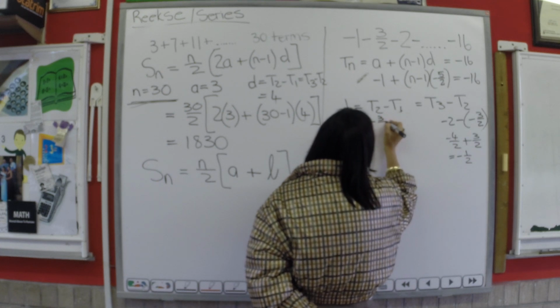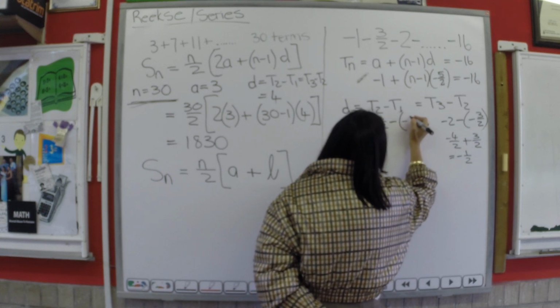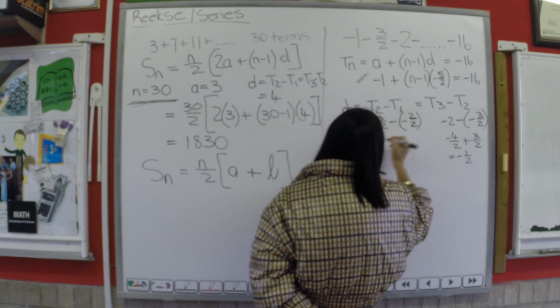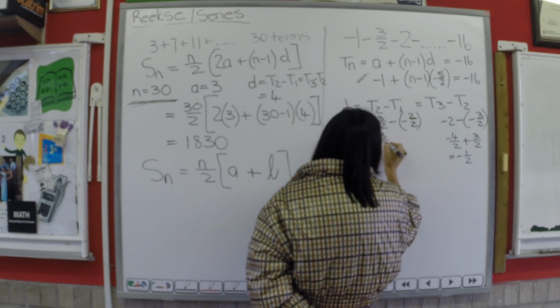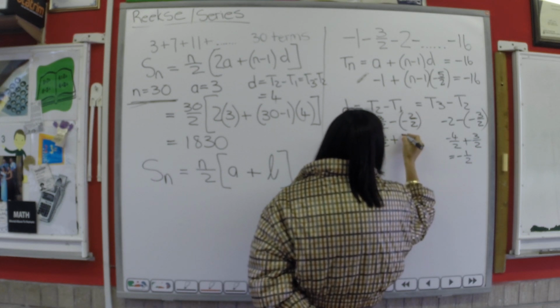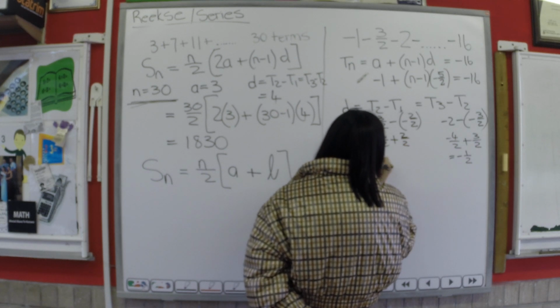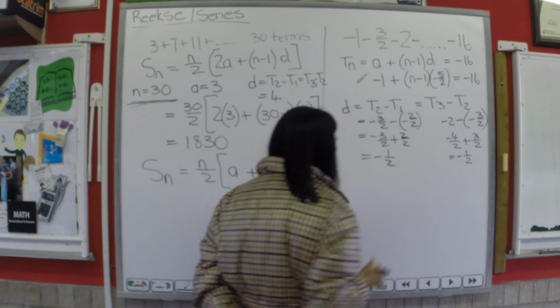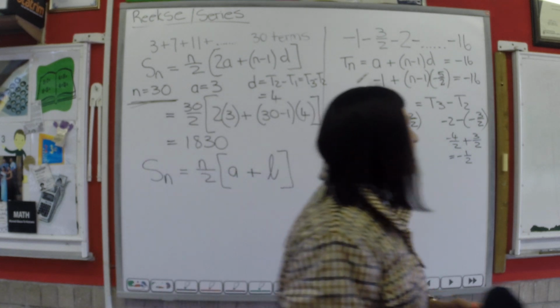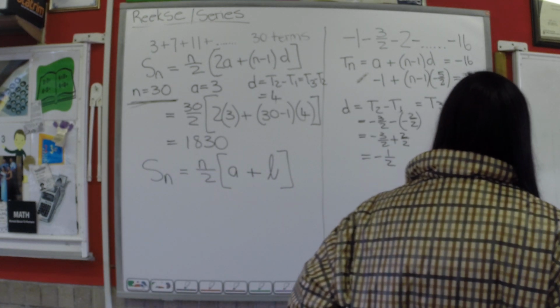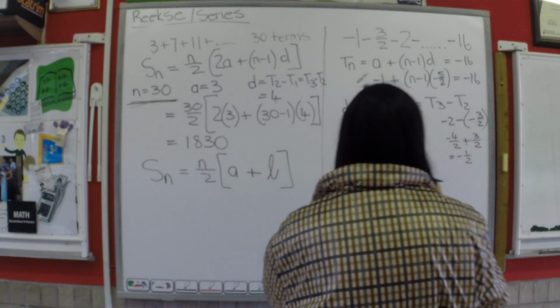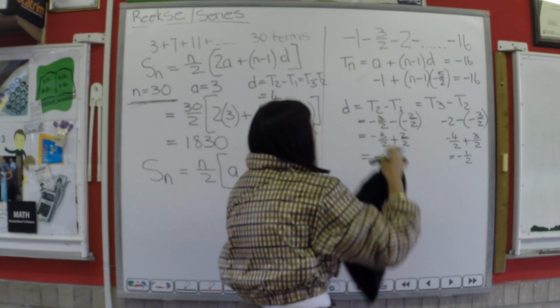Minus 3 on 2 minus 2 on 2. That gives me minus 3 on 2 plus 2 on 2, and that gives me minus a half. That 2 must be exactly the same. So now we've got our constant difference as minus a half.